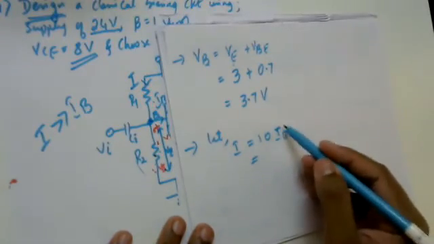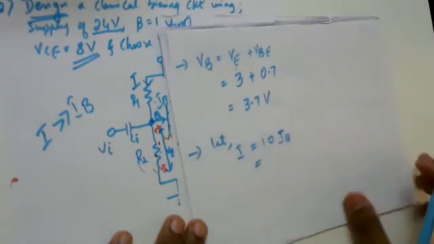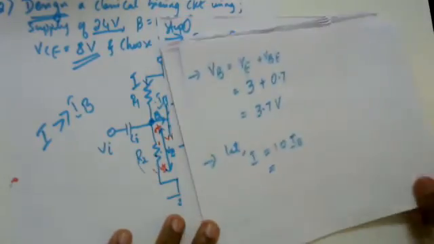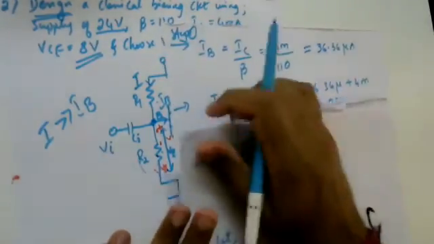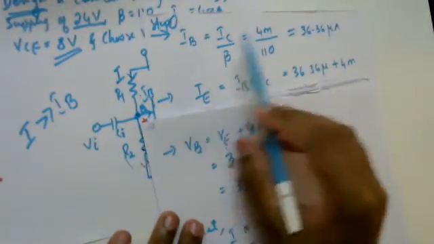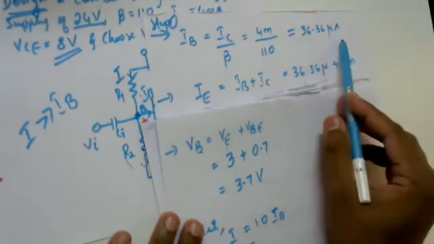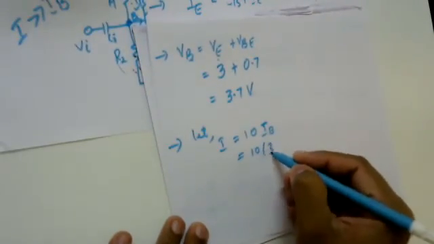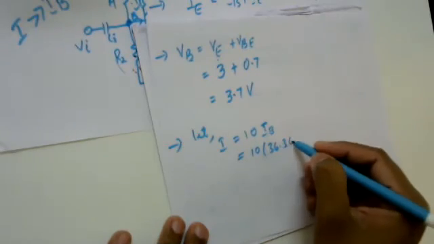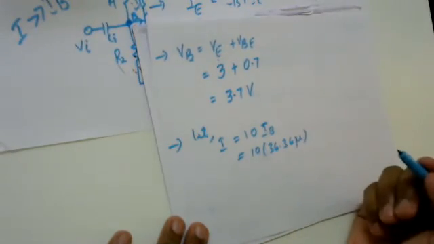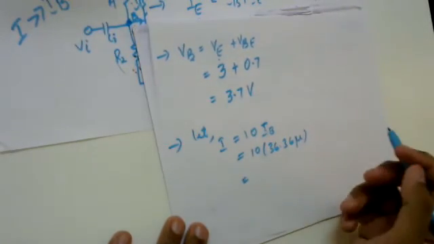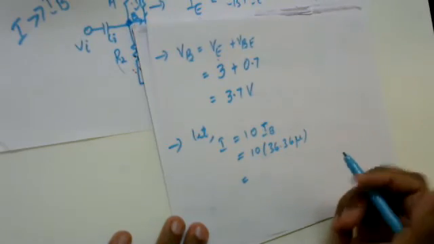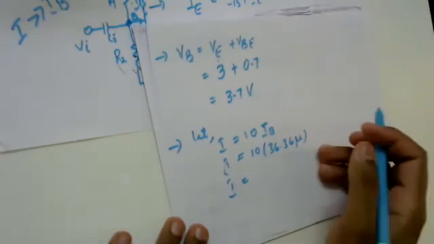The value of IB is the base current that we have computed. The value of base current is found to be 36.36 microamps. Then I can say that this is 10 times that of 36.36 microamps.